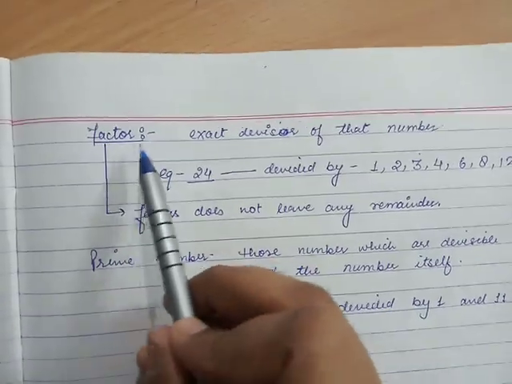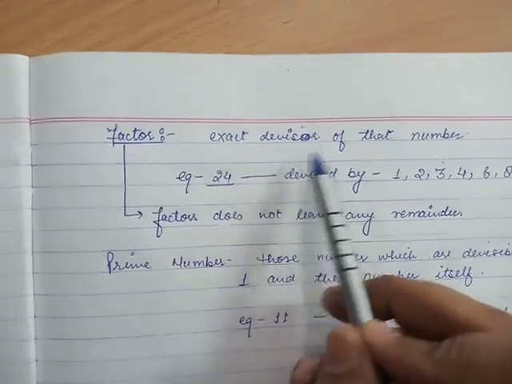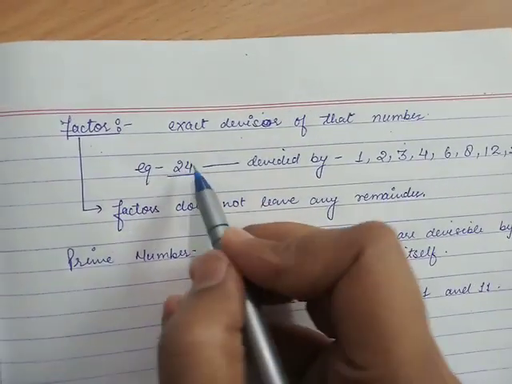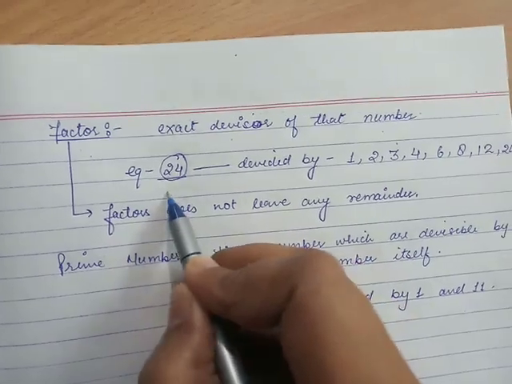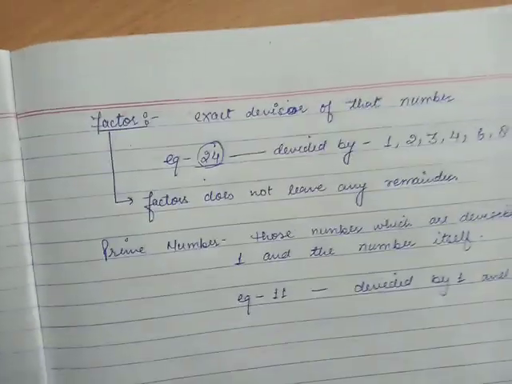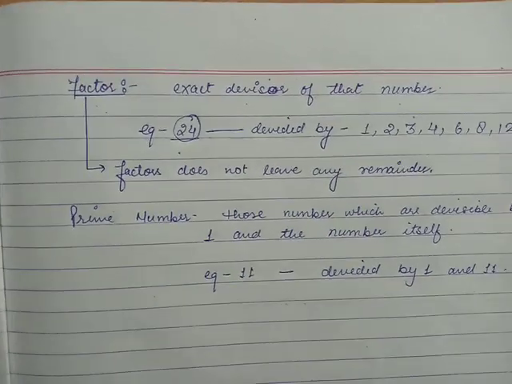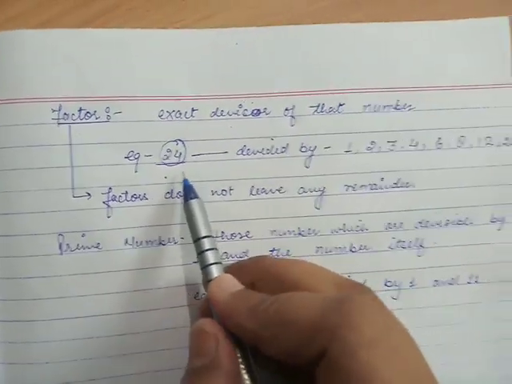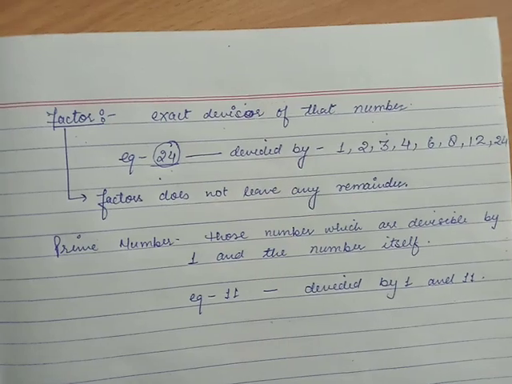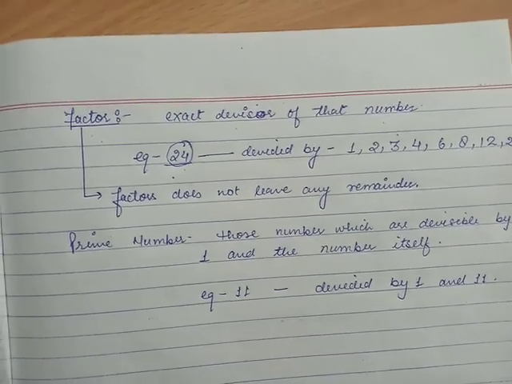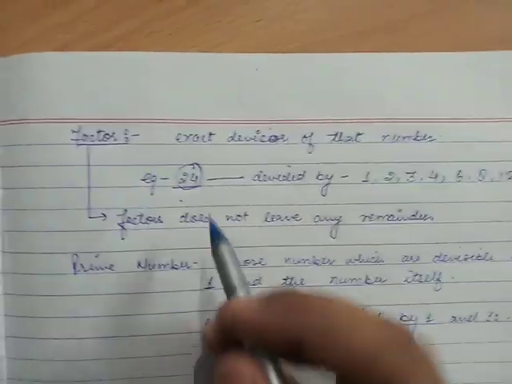You can see here that a factor is an exact divisor of that number. Basically, here it is 24. Those numbers by which 24 is divided totally are the factors of 24.